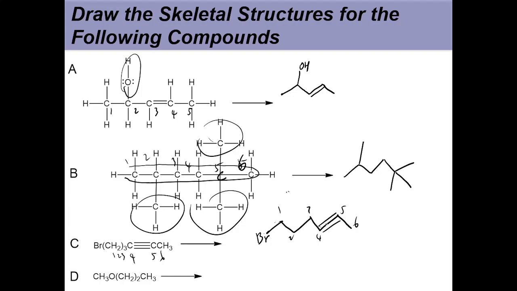Now, realizing that number 4 and number 5 are sp hybridized with triple bonds, we need to make them look more linear. So let's redraw the tail part. So number 3, number 4, number 5, number 6. So this is number 2, 1, 2, 3, 4, 5, 6 carbons.